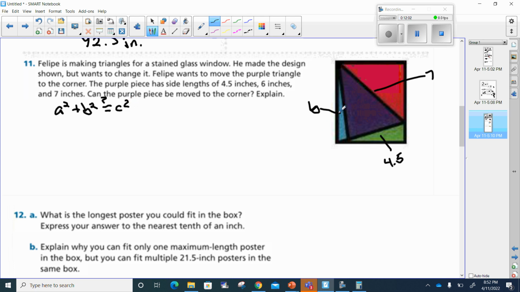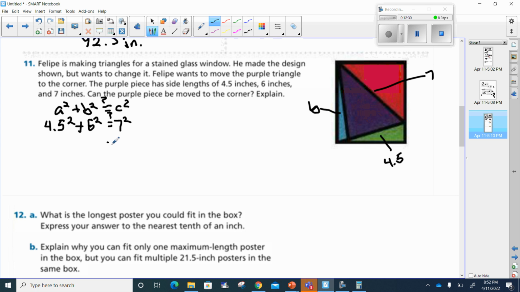So a squared turned out to be 4.5 squared, b squared turned out to be 6 squared, and we want to know, does that equal 7 squared?